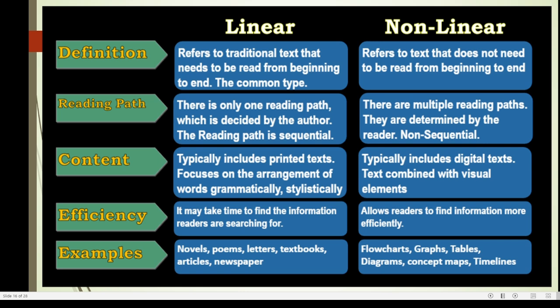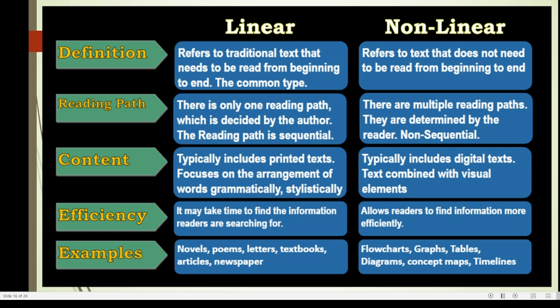When it comes to content, a linear text includes printed texts, and it focuses on the arrangement of words grammatically, stylistically, while non-linear uses digital texts with visual aids or elements. When it comes to efficiency, it will take time to find information that the readers are searching for, unlike in non-linear, wherein it allows the readers to find information easily or more efficiently.